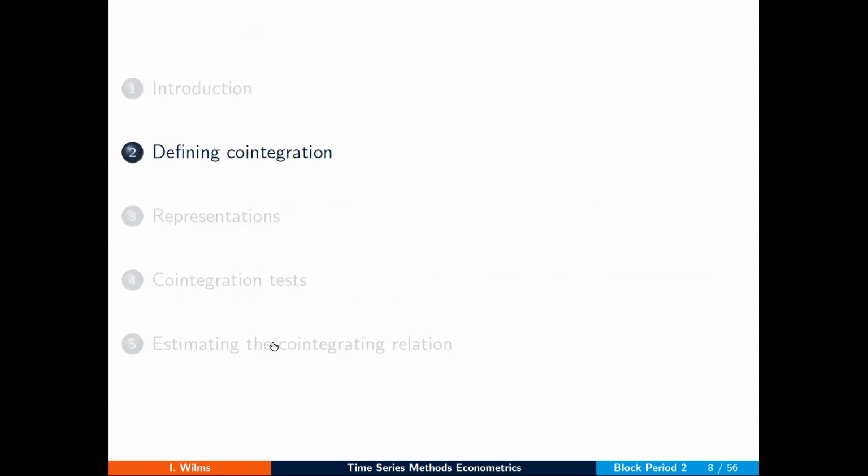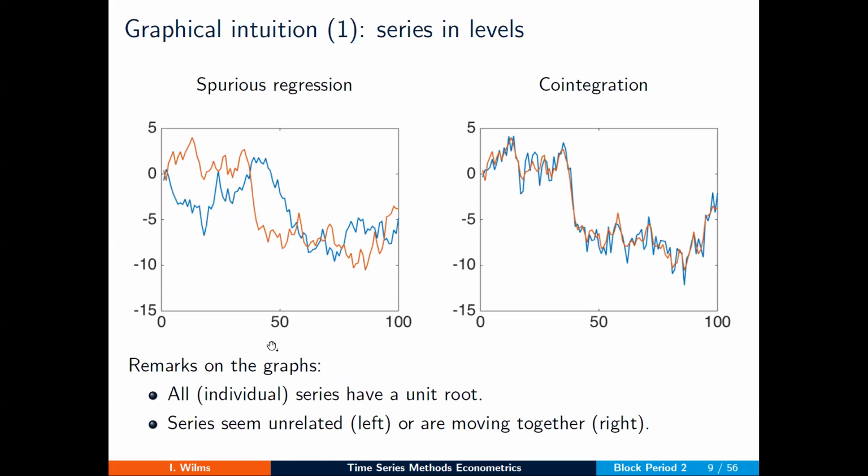Now let us start with some graphical intuition for co-integrated series. On this slide, I have plotted several non-stationary time series. On the left, I have two series that have a unit root and that are unrelated. So this over here is the spurious regression framework from last week.